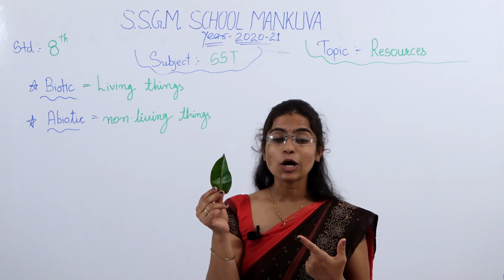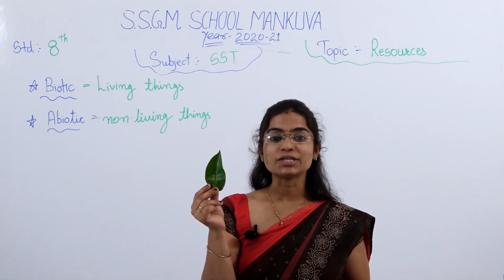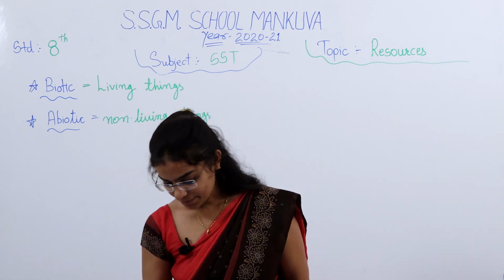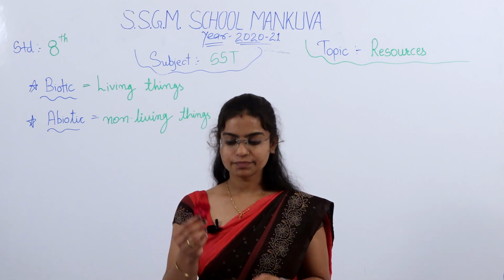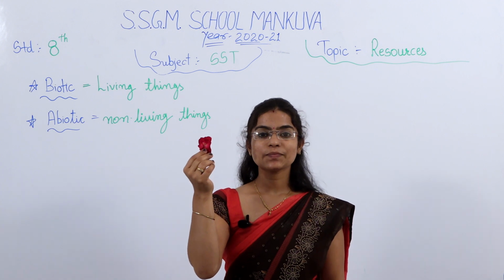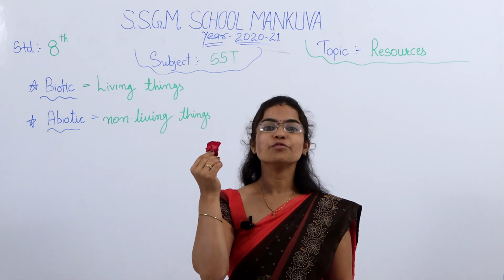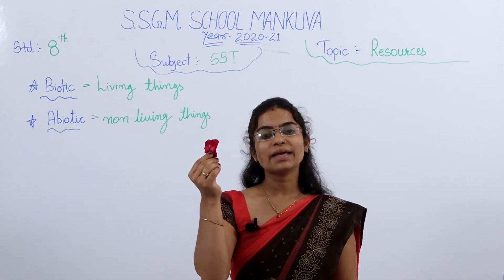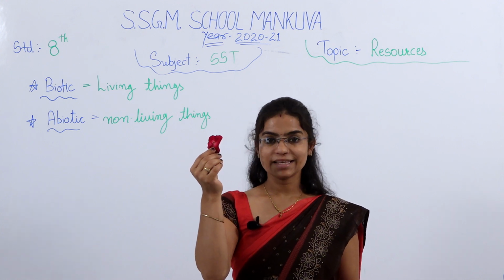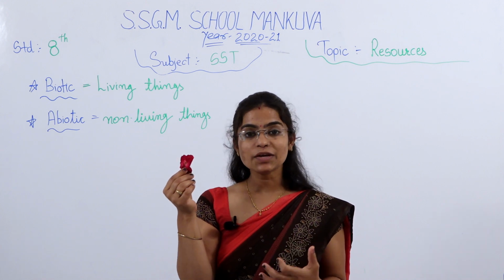It is living or non-living. Yes, very good. It is a biotic thing. Now, this one. What is this? Yes, very good. It is a flower. Now tell me, is it biotic or abiotic? Yes, it is a biotic thing because it is living.